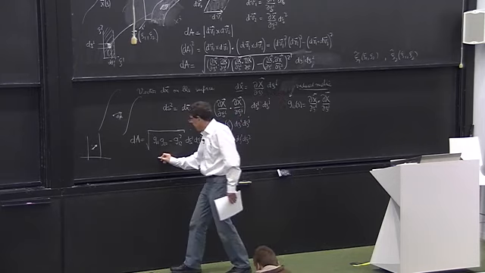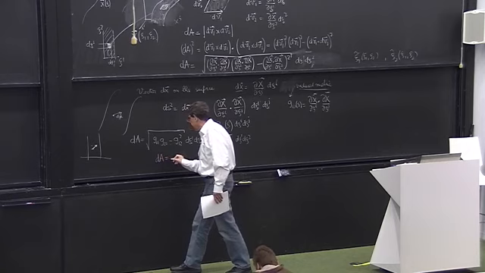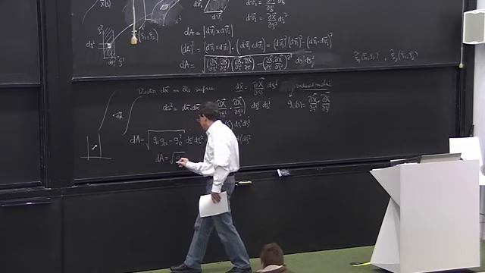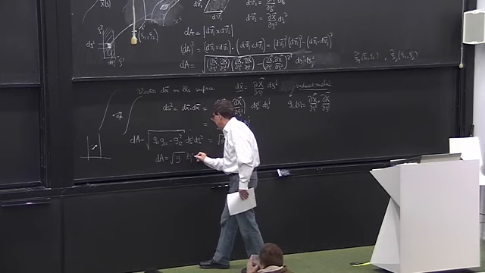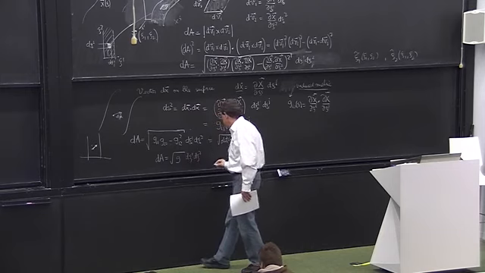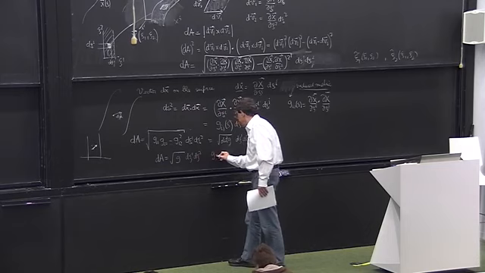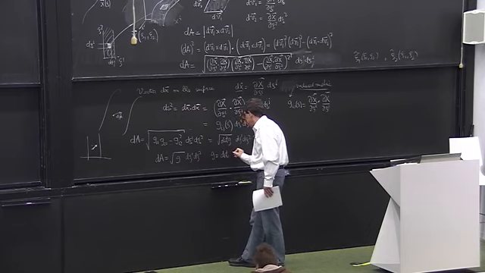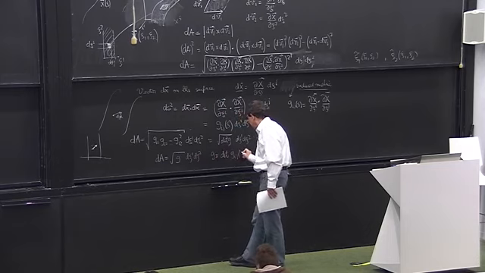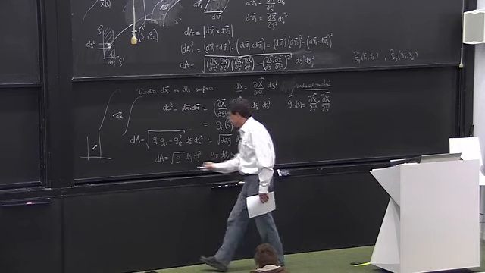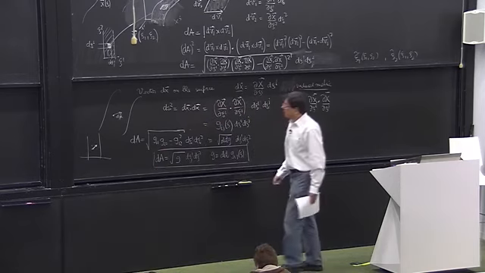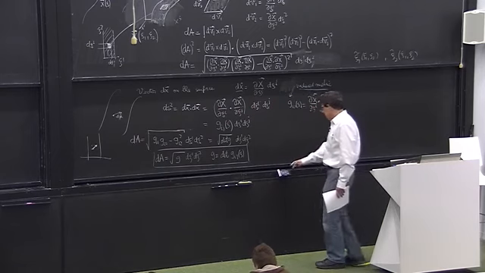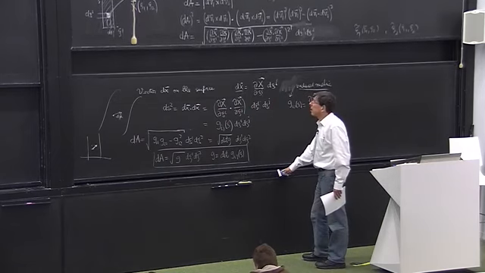And the area is therefore written square root of G, like this, d psi 1, d psi 2. And G is, by definition, the determinant of Gij of psi.